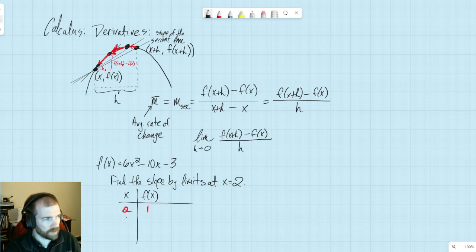And then we take some other point that's sort of nearby. I'm going to go way down here and say this is going to be like 2.2.